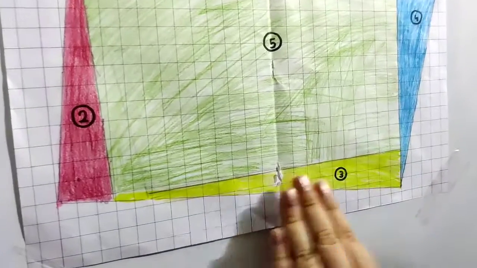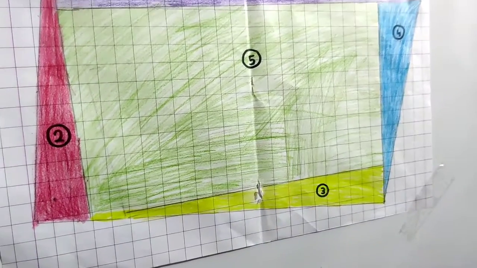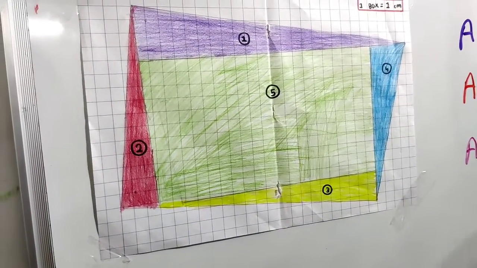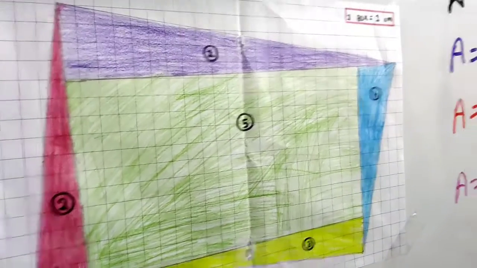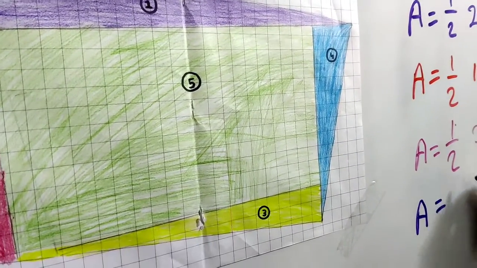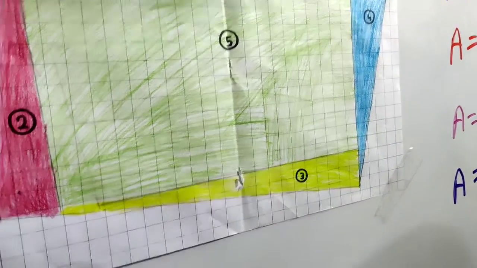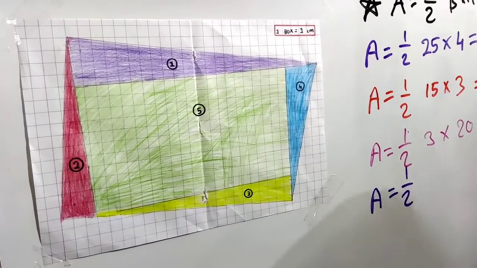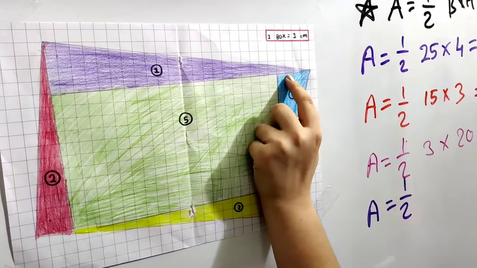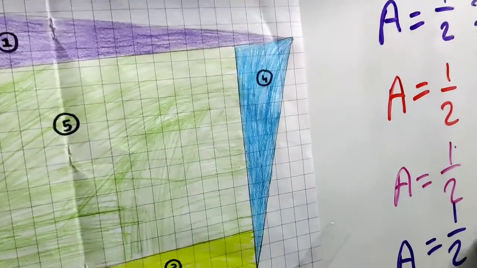Here we have the area of this yellow triangle. Now let's go to the blue triangle over here. Here we have area equals 1 by 2. Then you can count 1, 2, 3 and 4, so we put 4.